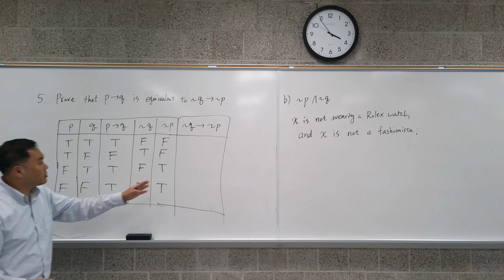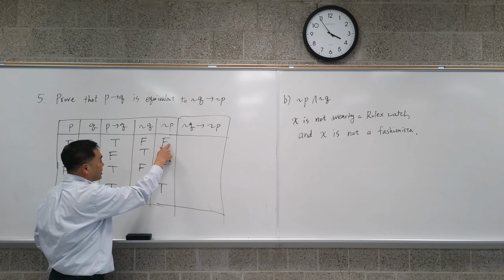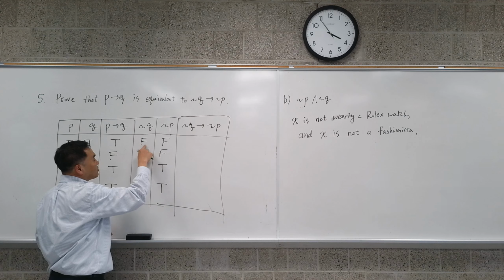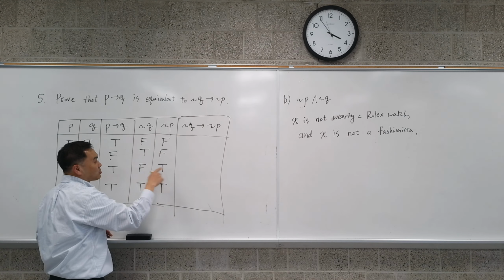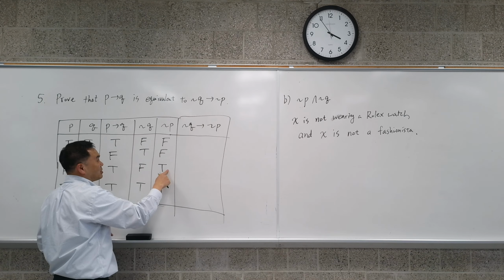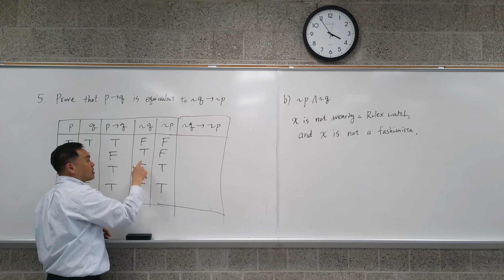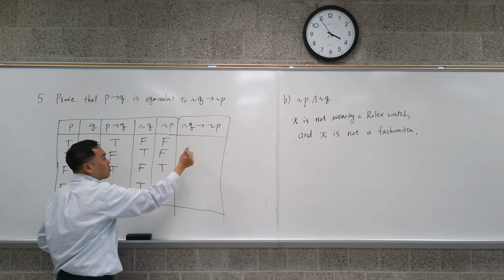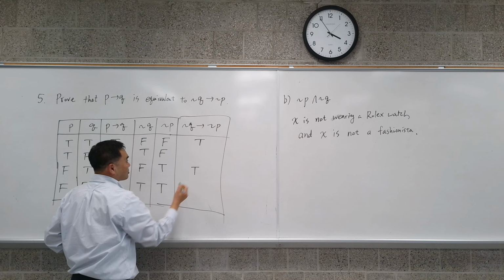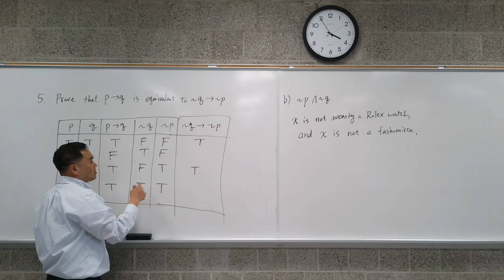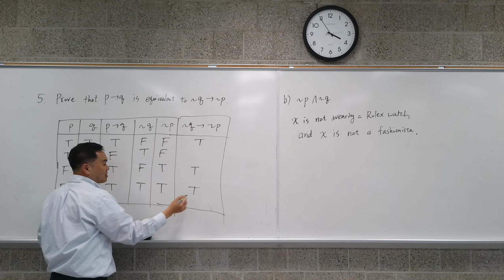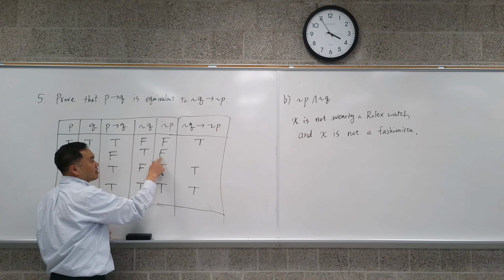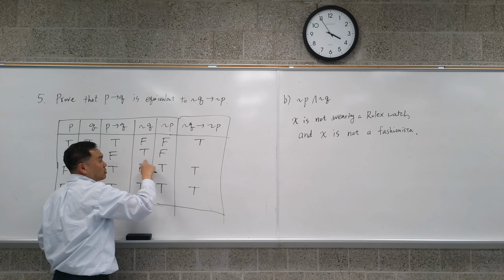And then when I fill this in, this implies that. First of all, if not Q is false, I don't care about what P does. If you start with an implies and the beginning is false, it's always true. That's how it evaluates, right? And if it's true, then the second part better be true in order to be evaluated as true. This is the only case that implies will evaluate to false, right?